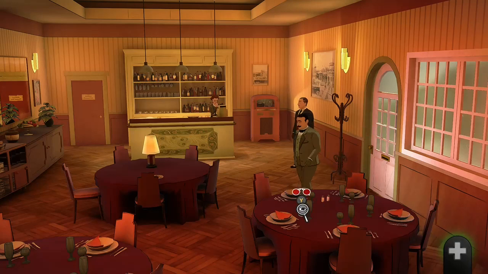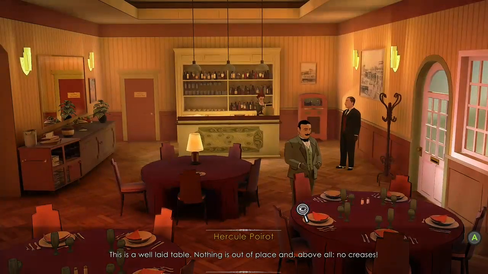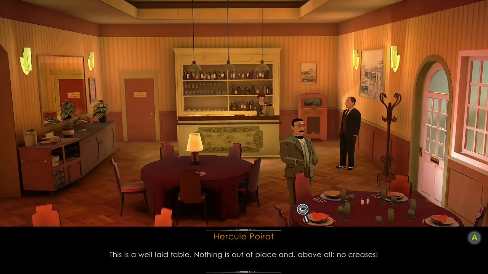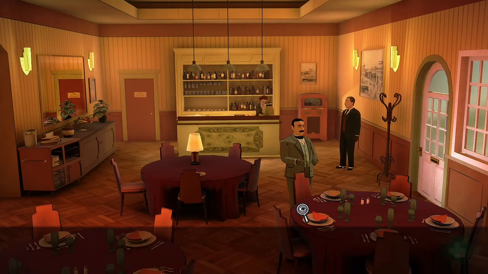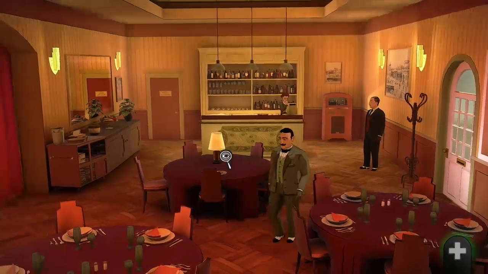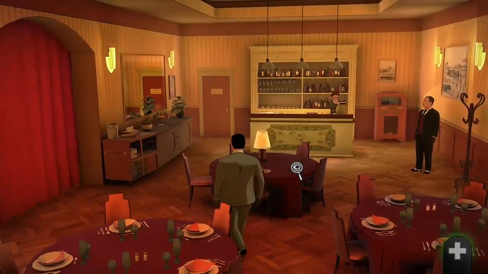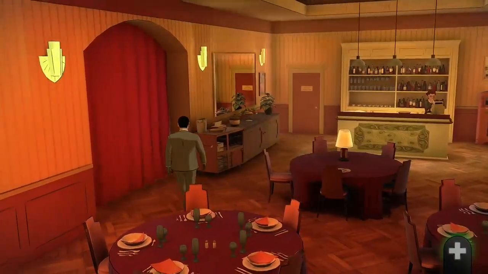This is a well-laid table. Nothing is out of place and, above all, no creases. Of course. You can't have a tablecloth with creases.